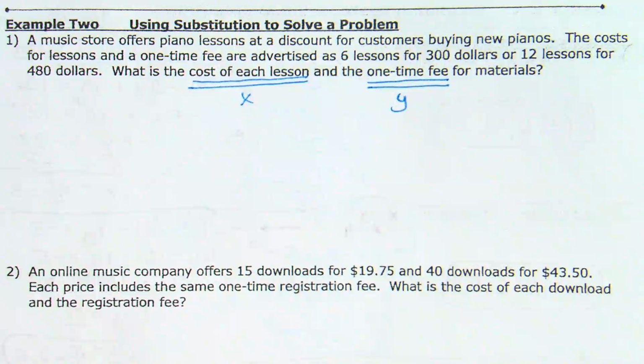Let's write an equation for each situation. The cost for lessons and a one-time fee are advertised as 6 lessons for $300. How can I write an equation with this, that 6 lessons for $300?